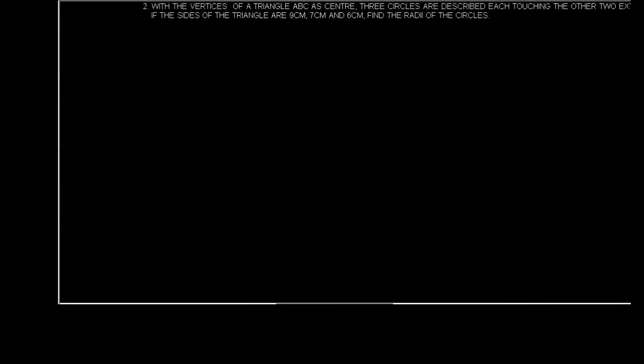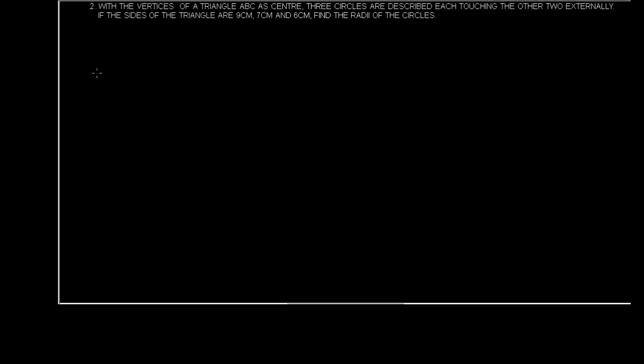The next question now, let's move on to the second question I have in mind, and that is also an okay question. With the vertices of a triangle as center, triangle ABC, so basically there's a triangle ABC. So vertices of triangle ABC as center, and with the vertices of this triangle A, B and C as center, 3 circles are described.